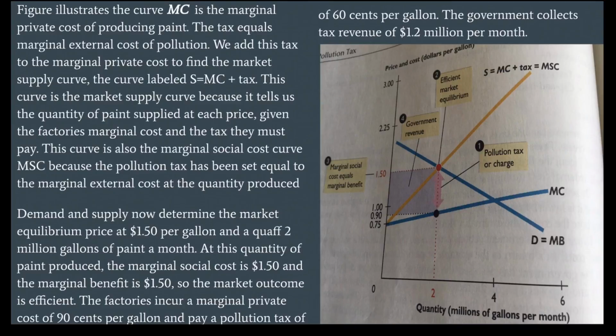The factories incur a marginal private cost of 90 cents per gallon and pay a pollution tax of 60 cents per gallon. The government collects tax revenue of $1.2 million per month, which is shown by the gray area in the figure.